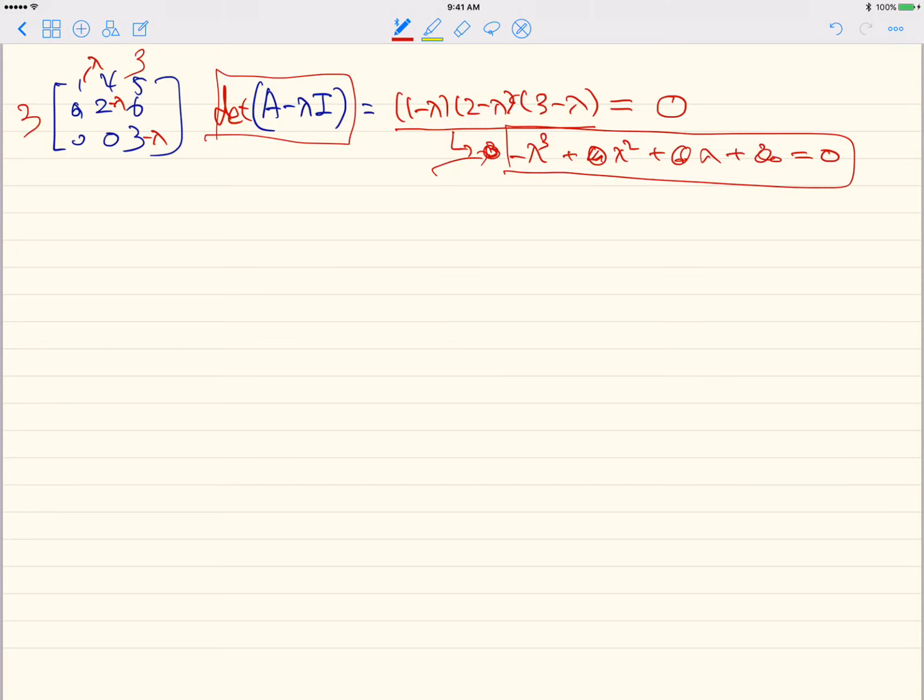And then in this special case, before subtracting lambda, was this upper triangular matrix invertible or not invertible? So what was the determinant of the original matrix? 6. 6 is not 0, so it's invertible. So originally your matrix was invertible, right?